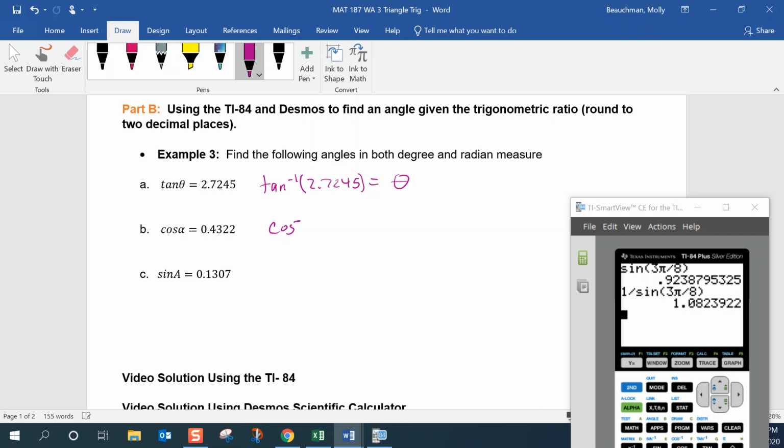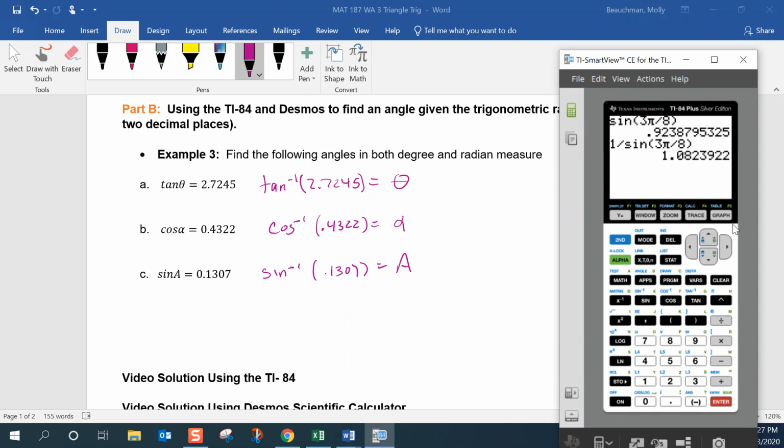The inverse cosine of 0.4322 is going to give us alpha, and the inverse sine of 0.1307 is going to give us angle A. So these are written right above the sine, cosine, and tangent.